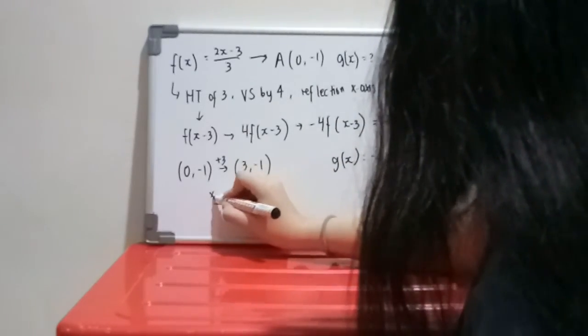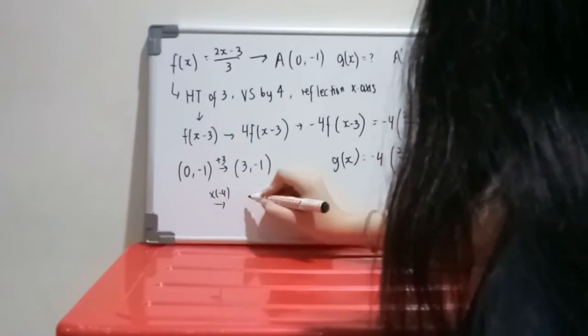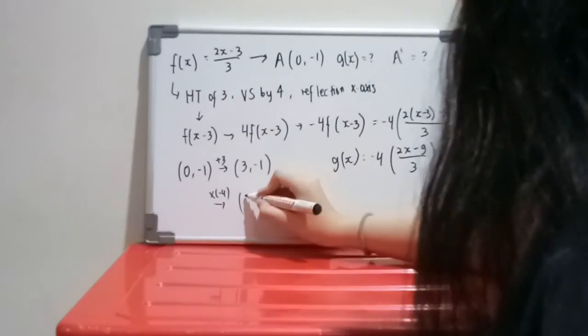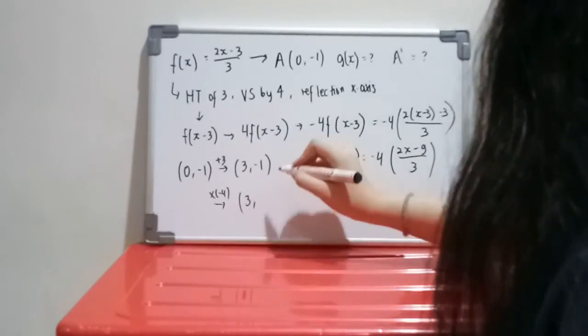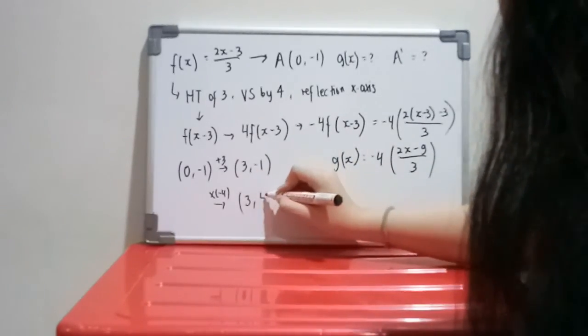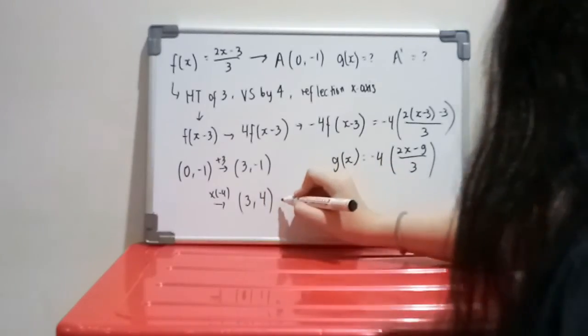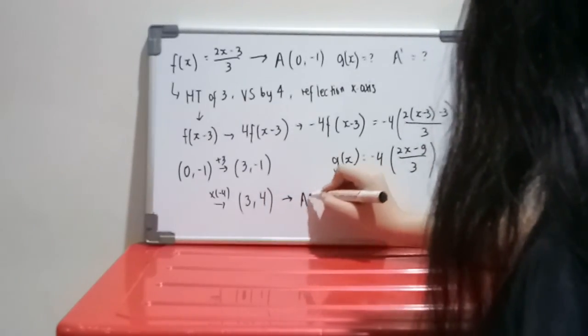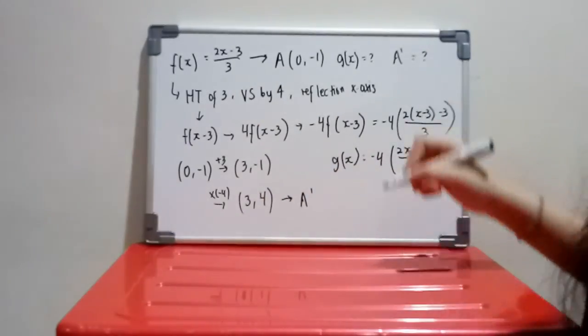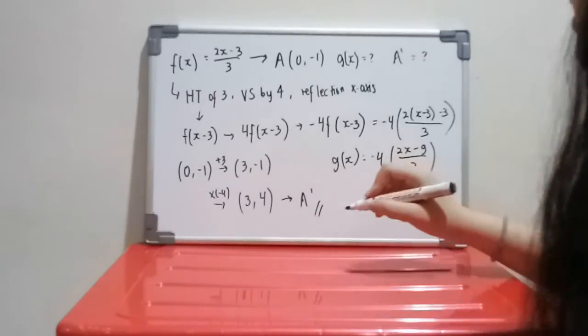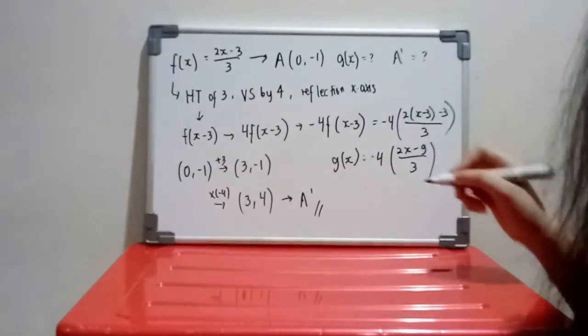So multiply it by negative 4. It's not going to touch the 3, so the 3 is remaining as 3. So negative 1 times negative 4 is 4. So this is the new A coordinate point on g(x) at (3, 4). And that's how you solve our last quiz question.